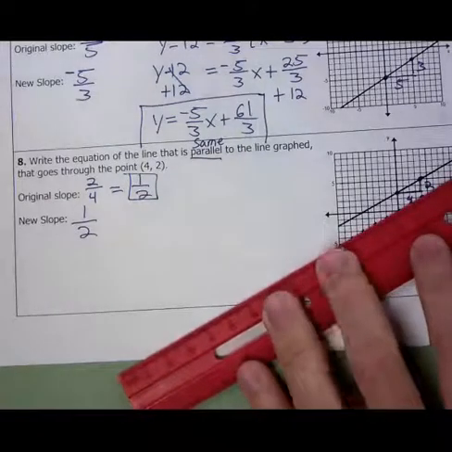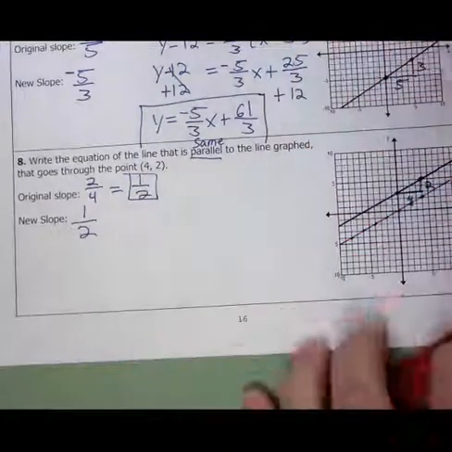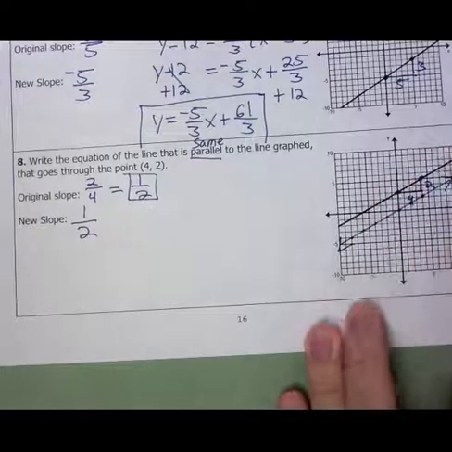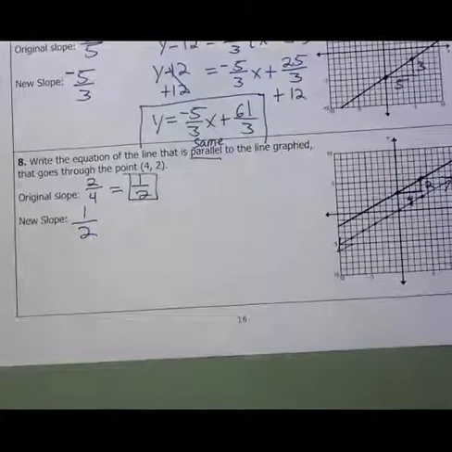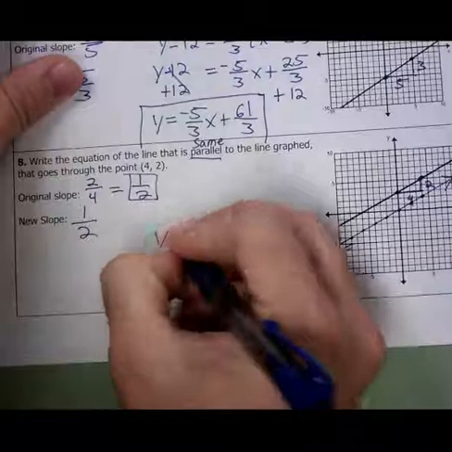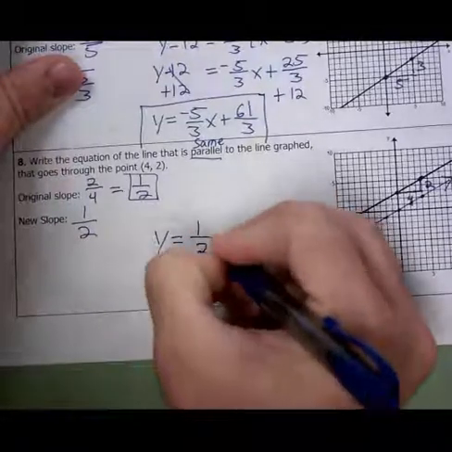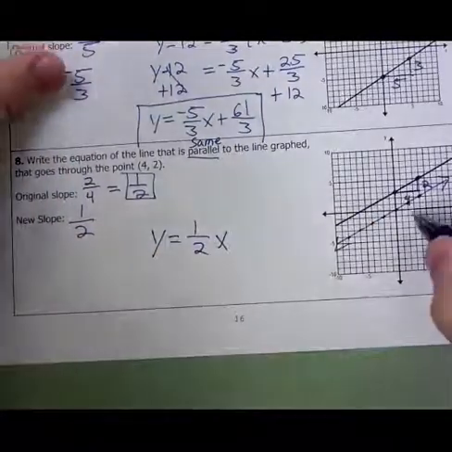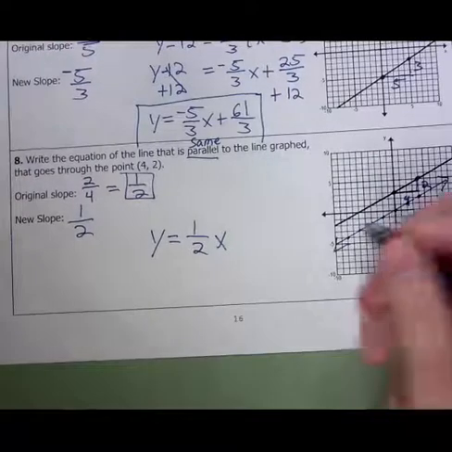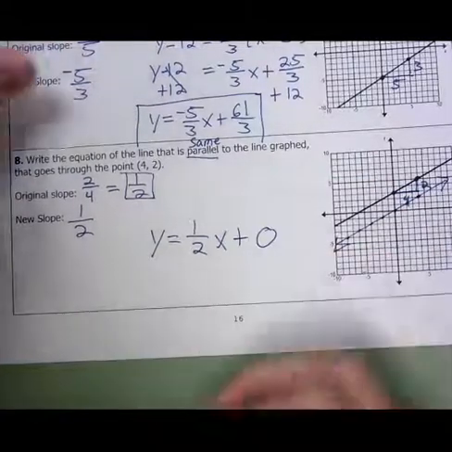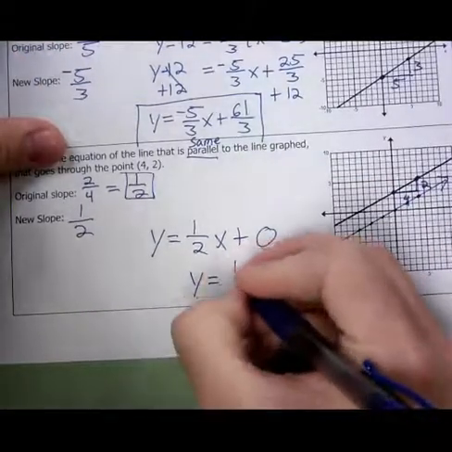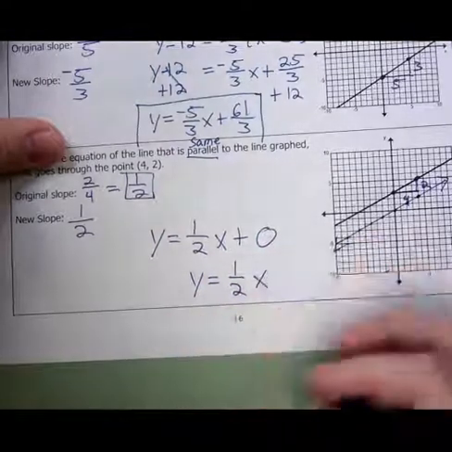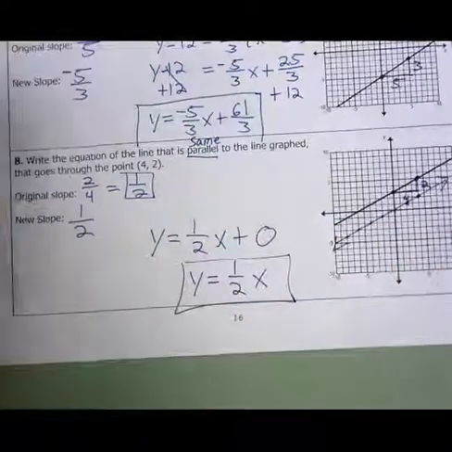So if I connect those lines, my new equation will be y equals 1/2 x, and I can tell that it crosses at 0, 0. So I could put plus 0, but I don't necessarily have to, and it's more correct to just say y equals 1/2 x. And that is it.